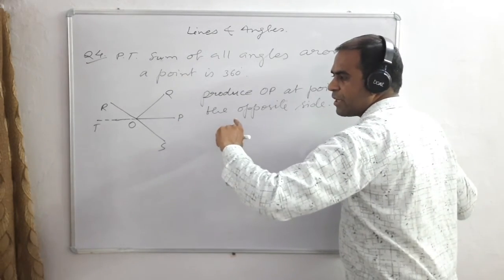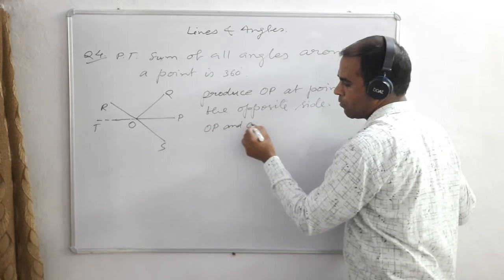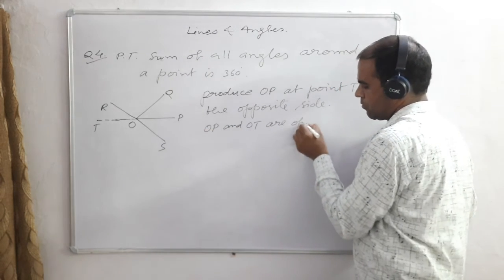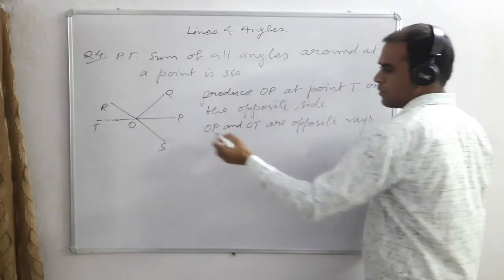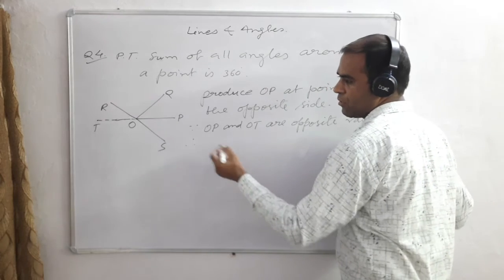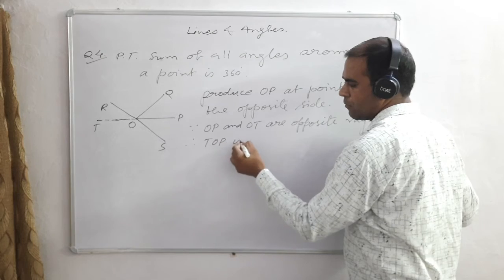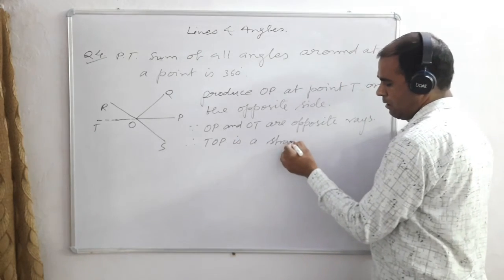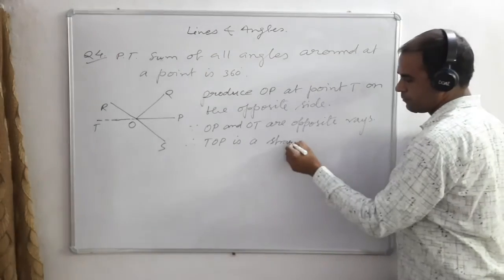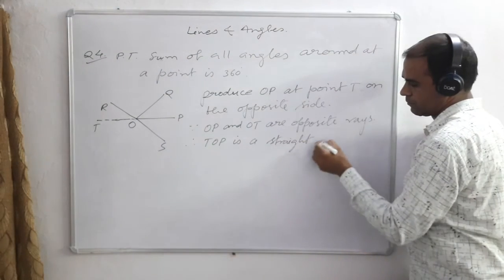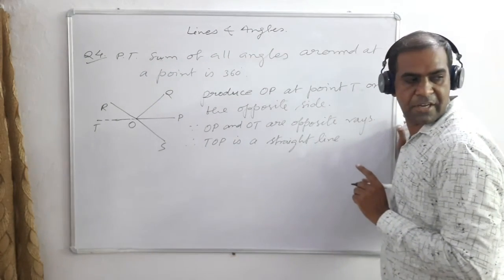So here OP and OT are opposite rays. Therefore, TOP is a straight line.